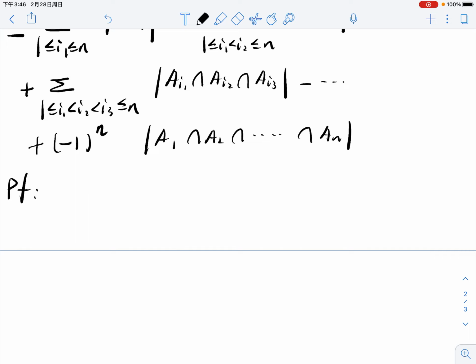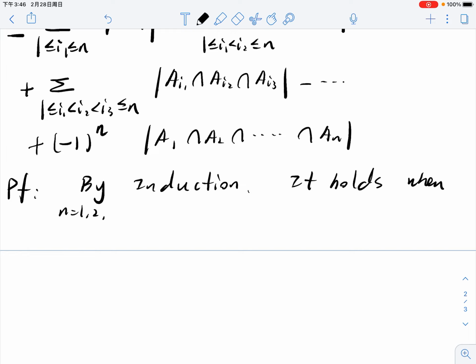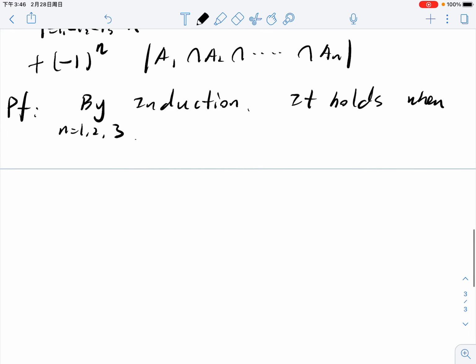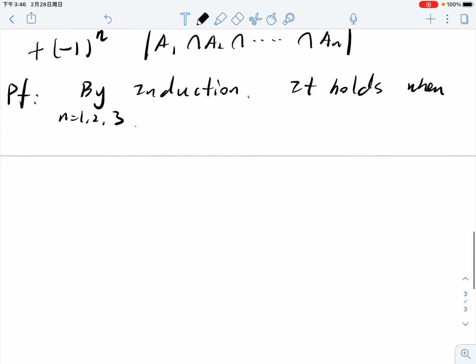Okay, and the proof will be similar to the one we gave for example 2. So we will prove by induction. By example 1 and example 2, we know that it holds when n equals 1, 2, 3. 1 is trivial, so we didn't calculate it.